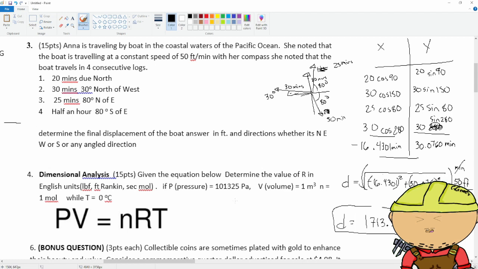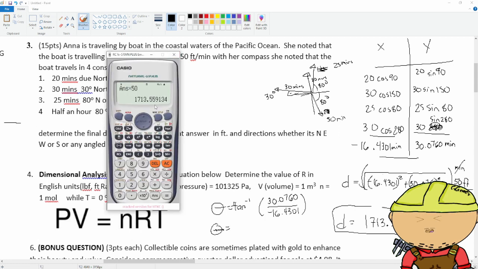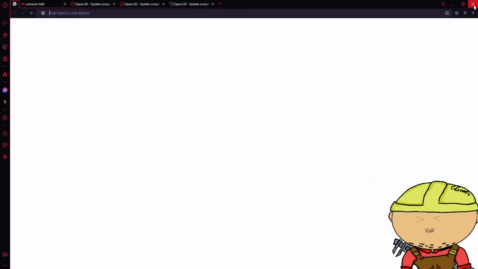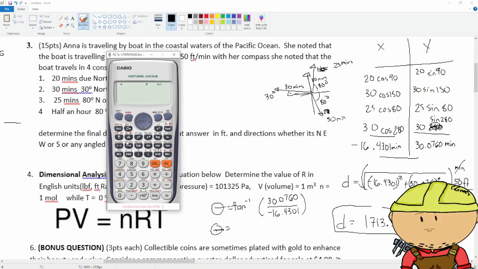How about the direction? Angle R is equal to arc tangent of 30.0760 divided by negative 16.4301.